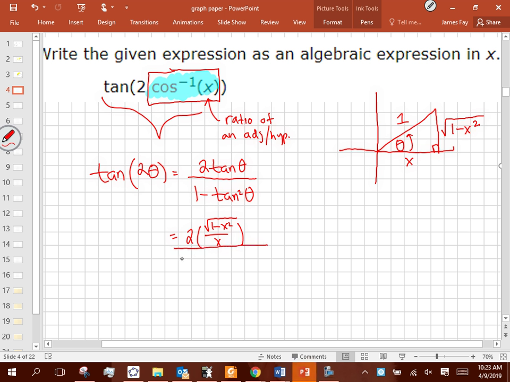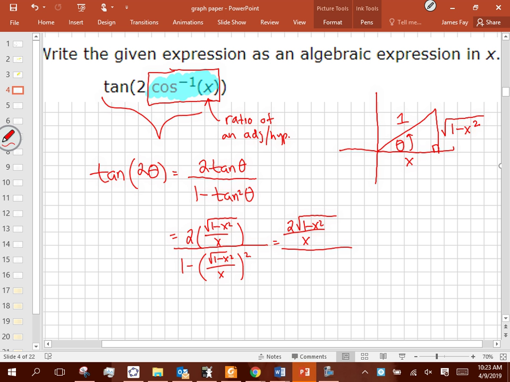Denominator is going to be 1 minus tangent squared, so it's going to be the root 1 minus x squared over x, and I'm going to square that. The top becomes 2 root 1 minus x squared all over x.